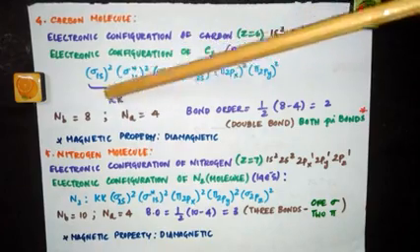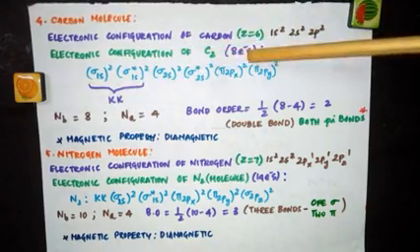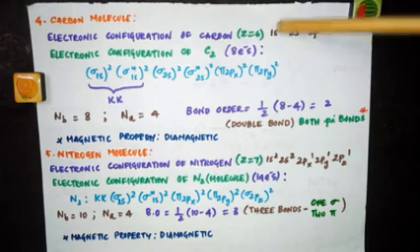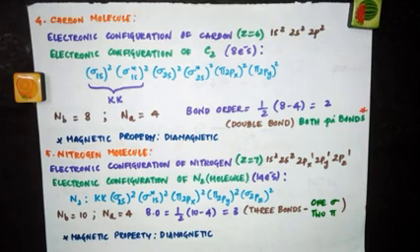Or suppose you are going to abbreviate this as KK, then we can write this as 8 electrons because we are going to take the outermost shell. So there are totally 8 electrons, or you can say totally 12 electrons. Now how will you write the molecular electronic configuration?